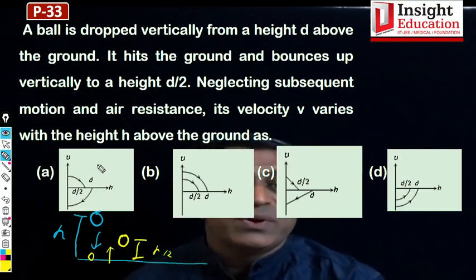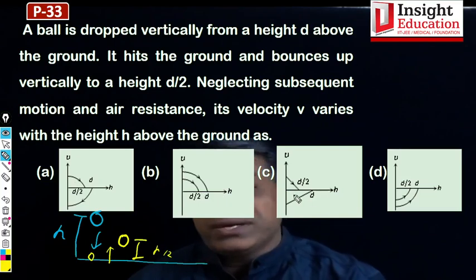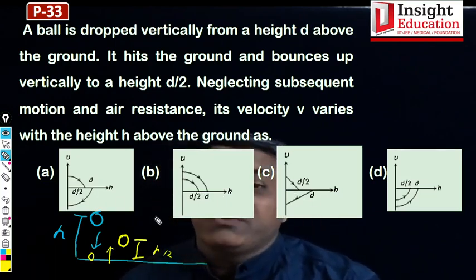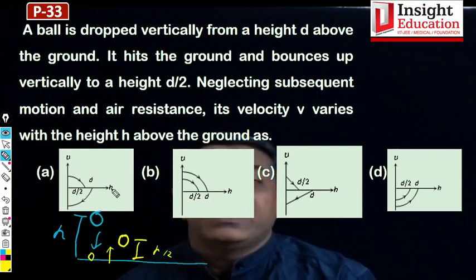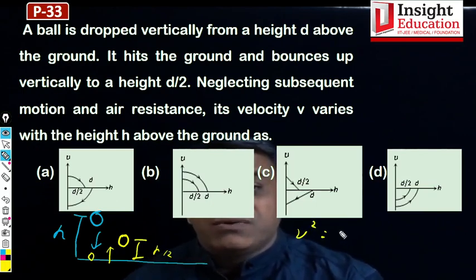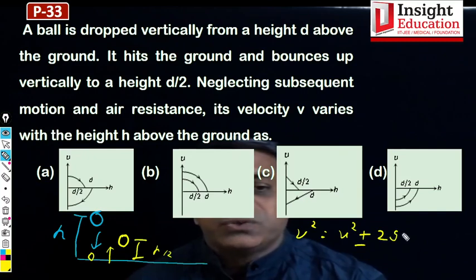Whenever we want to identify the correct figure, first we have to identify the relation between v and h. Now you know v square is equal to u square plus or minus 2gh.